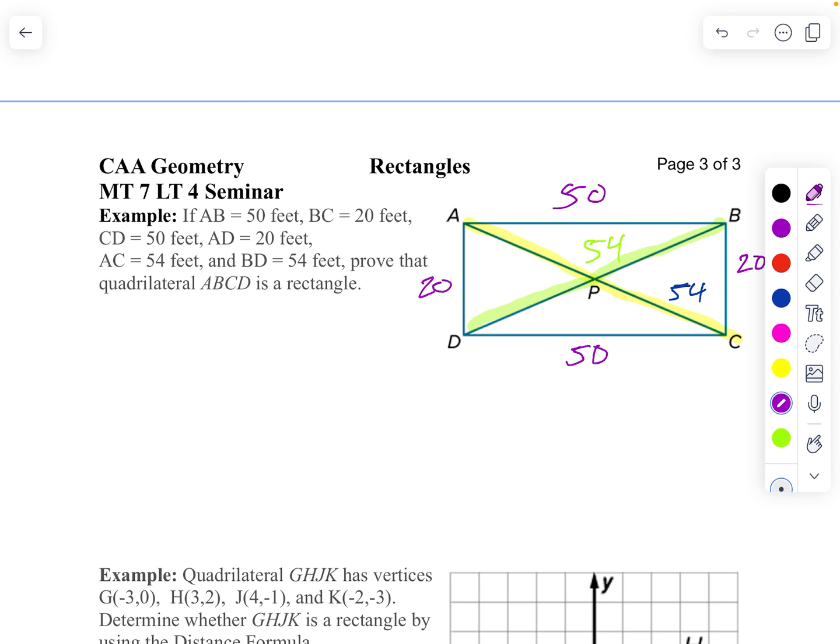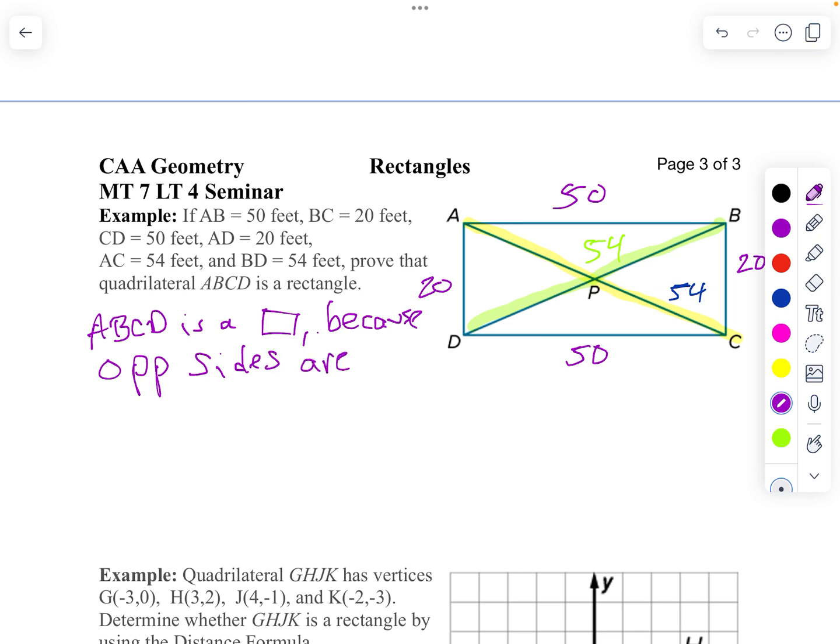It's a parallelogram, so we're going to say ABCD is a parallelogram. Why? Because the opposite sides are congruent. Now that you know it's a parallelogram, it's a rectangle because notice the diagonals are equal.